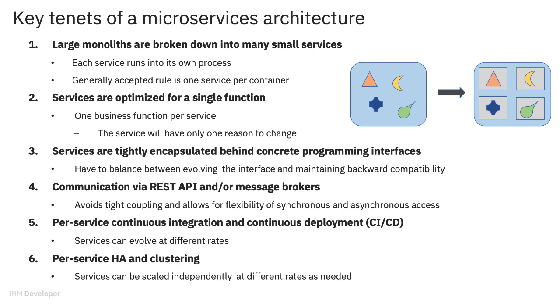Per service continuous integration and continuous deployment, CI/CD, is really important. Microservices have become first-class citizens of the development shop, and they can be tested and deployed independently and separately without any dependencies on the testing and deployment of other microservices. And then you can do per service HA and clustering. Now you have a lot more flexibility and granularity, because instead of having to scale an entire monolithic app, you're only scaling the parts that need to be scaled.